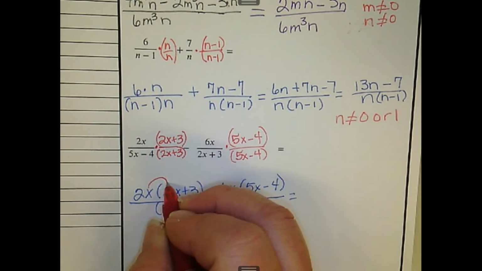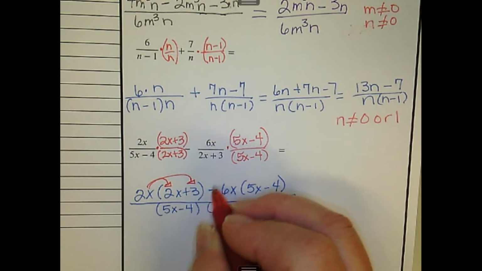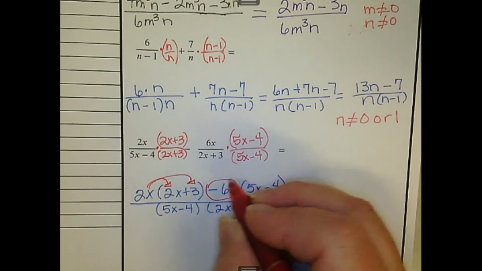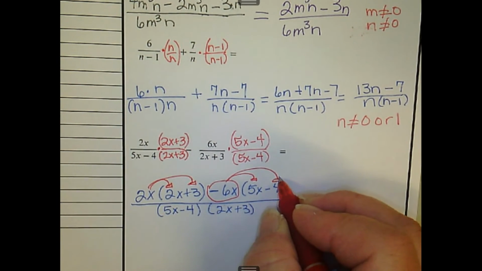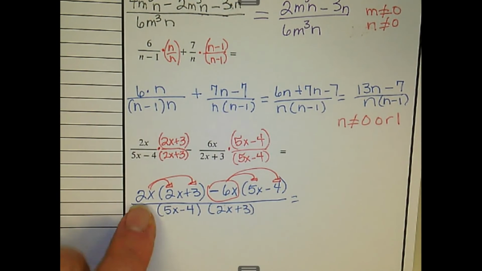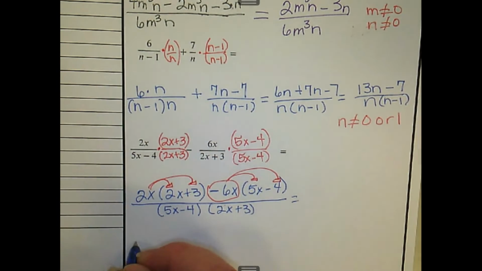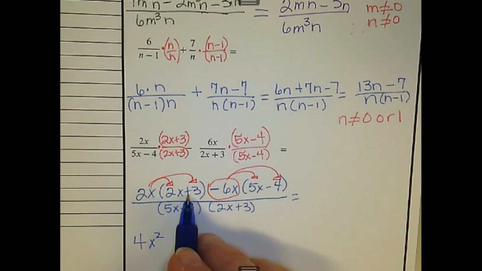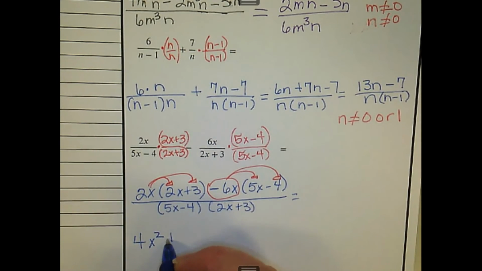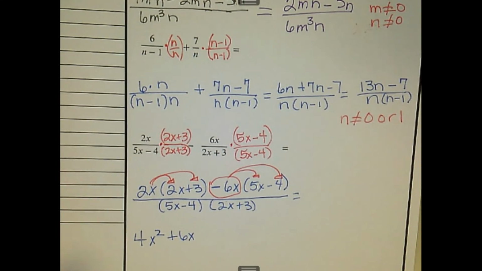Let's do our distributing. Two x times 2x is 4x squared. 2x times 3 is 6x. I have distributed that first term.